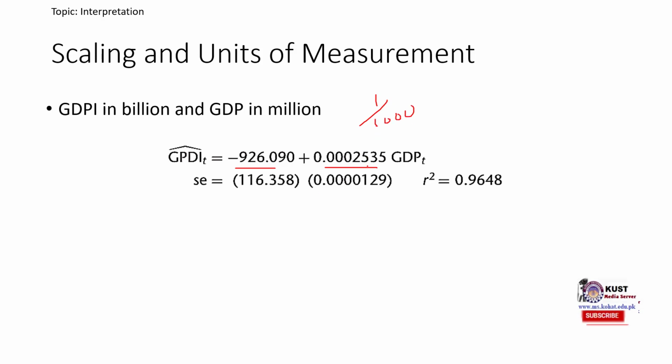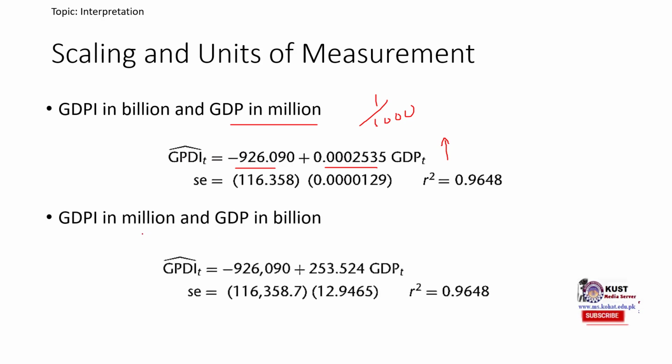So how would we interpret this? Because GDP is in millions, we would say that every 1 million increase in GDP, the GDPI would increase by 0.00025 billions.